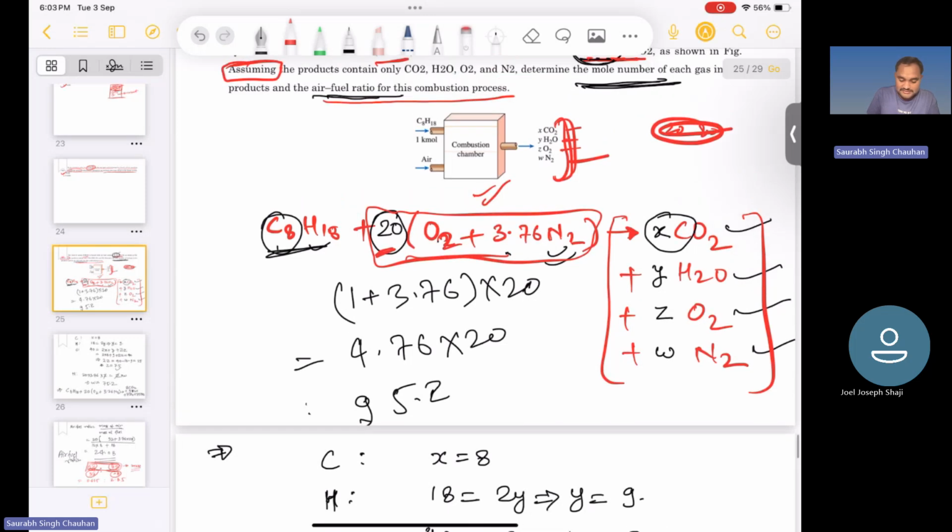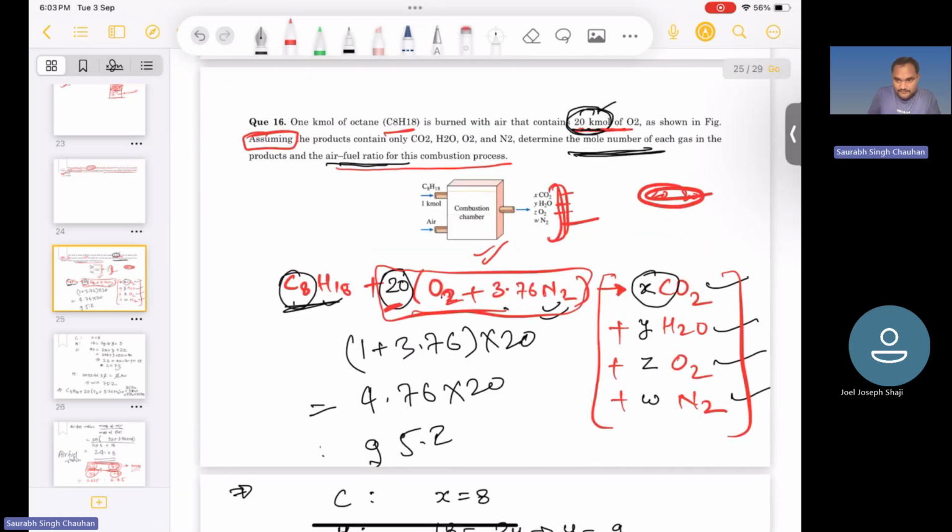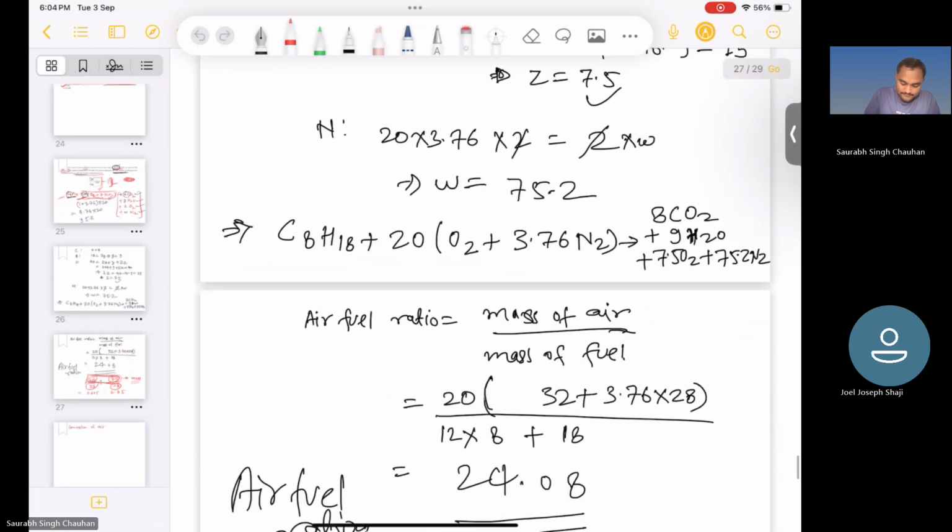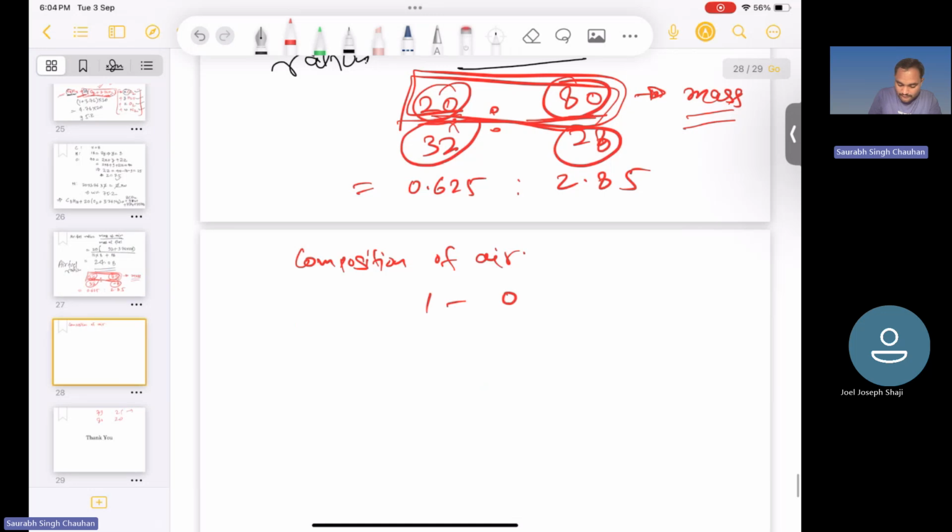This is by moles, and this is understood from this equation itself. Everything we are writing in moles, and the volume is proportional to the number of moles. For example, 1 mole of any gas at atmospheric pressure will take up around 22 or 24 liters, right? So this is by moles. Composition of air: 1 mole of O2, 3.76 of N2.